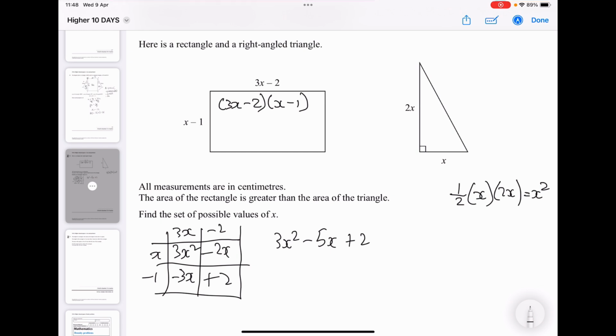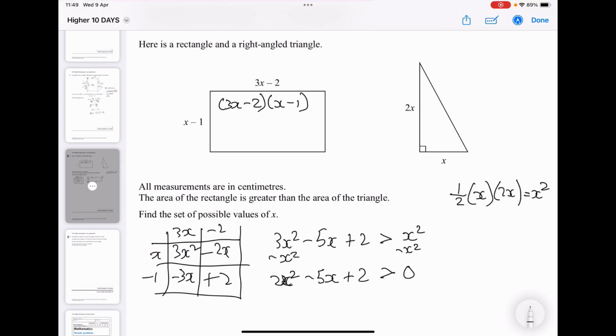So the area of the rectangle is greater than the area of the triangle. If I take away the x squared, that gives me 2x squared minus 5x plus 2 is greater than 0. I then need to find the values of x.